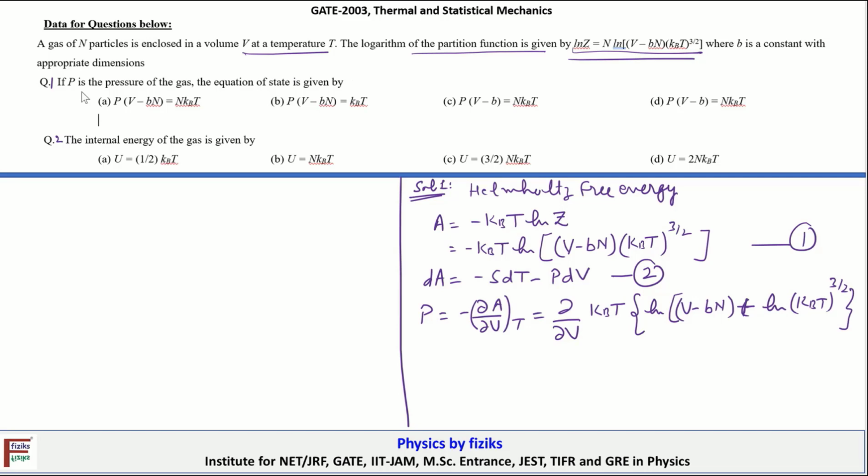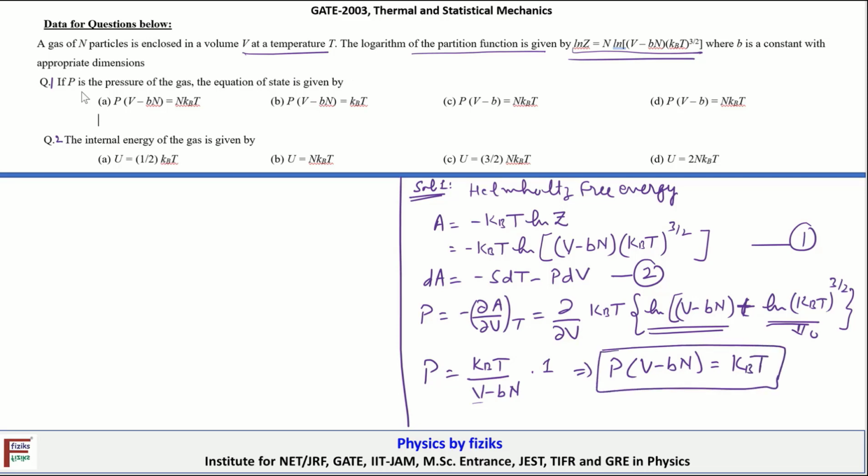Because it's a differential with respect to V, we need to worry about only the first term, because the second term doesn't contain any volume, so its differential will become equal to 0. So P is equal to kB T as it is, and then the differential of logarithm (V minus Bn) with respect to V gives 1 divided by (V minus Bn). So P into (V minus Bn) is equal to kB T. That's the required equation of state for the first case.